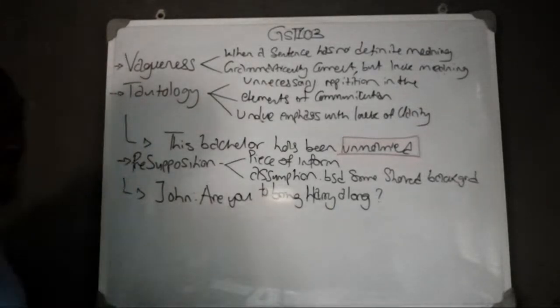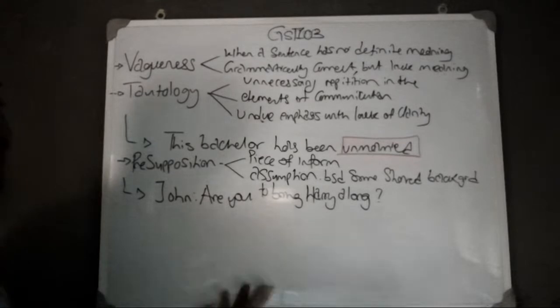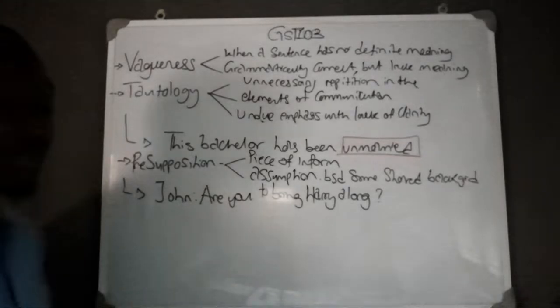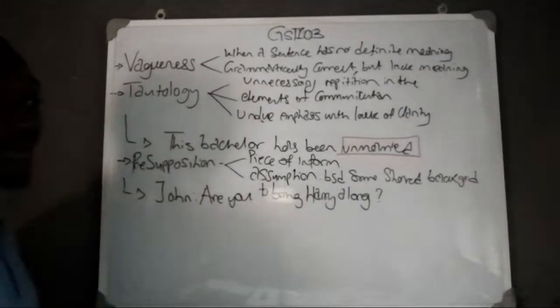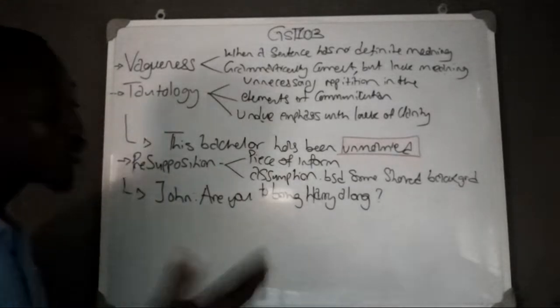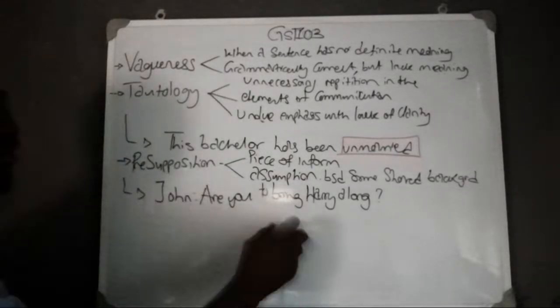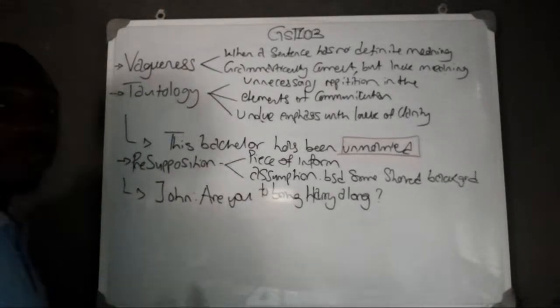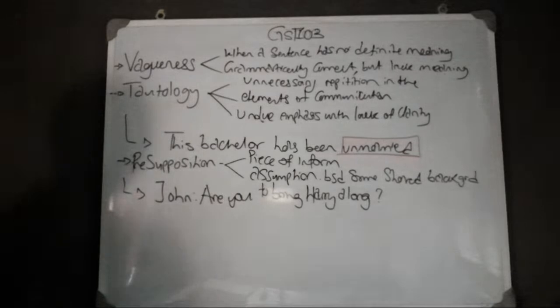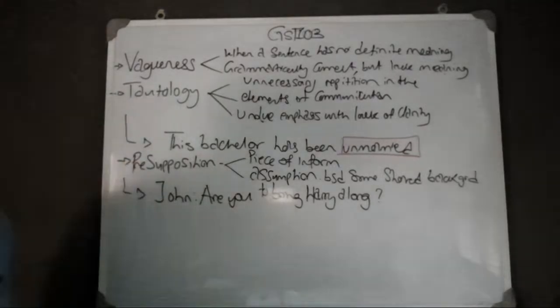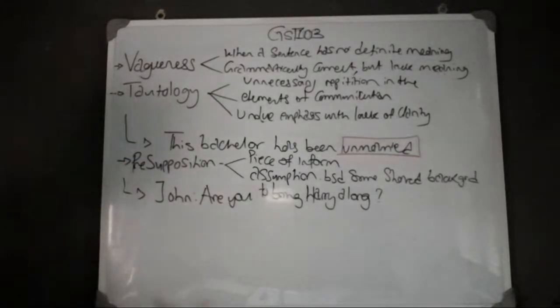So now I'm asking him because he's related to Harry. Him and Harry have been in contact. So John in this case knows Harry, and he can respond by saying no or yes. That is what presupposition is. You have an idea of what the speaker is talking about.